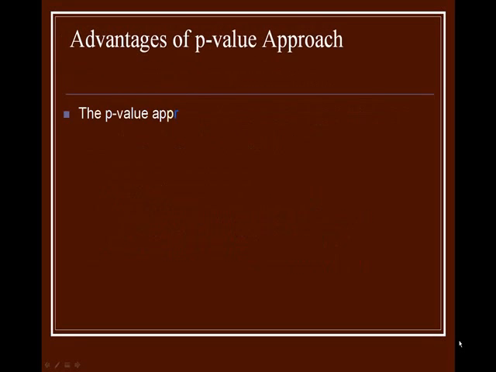Some of the advantages of the p-value approach. Even though we're using cutoffs in here, you don't have to. You can report specifically the probability of obtaining a particular statistic under the assumption that the null hypothesis is true. People can interpret those probabilities using whatever decision criteria they want to.